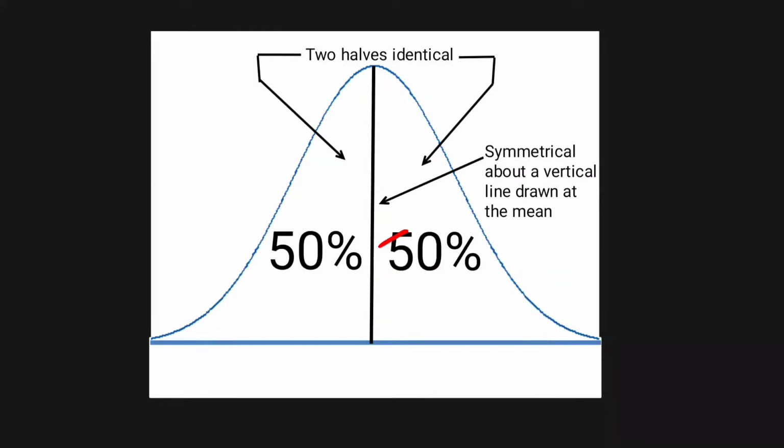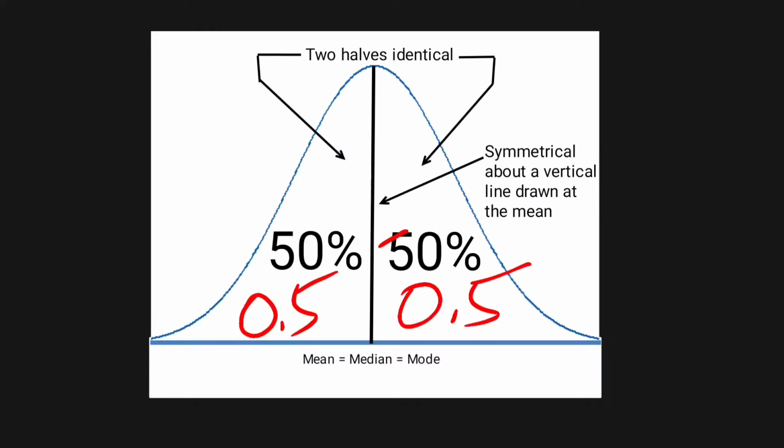So since total area under the normal curve is 1 and symmetrical siya, ibig sabihin 50% yung left half, then 50% yung sa right. Or equal sa 0.5 sa decimal. So 0.5 and then we have 0.5. Okay, so next we have mean, median, and mode. Lahat yan ay nandito sa center. Sa mean, median, mode, sa gitna lahat. Then tails extend indefinitely, never touching the x-axis.